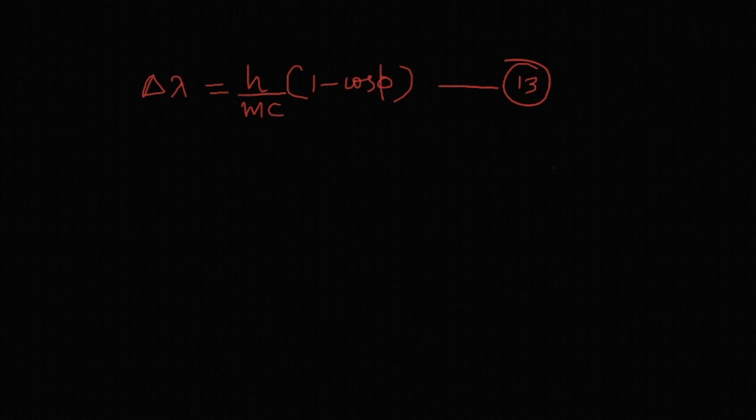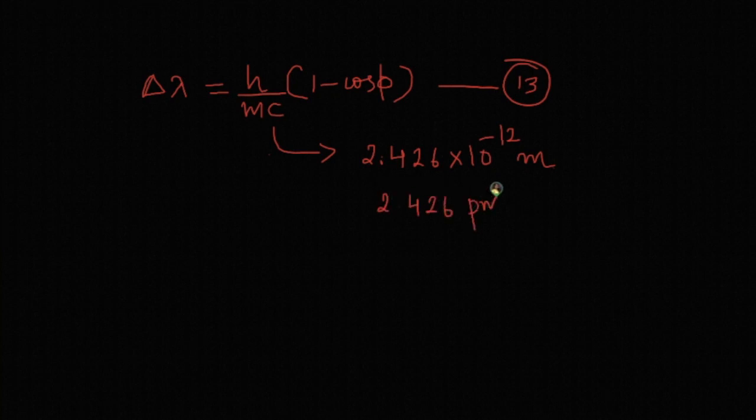And here let's take this h by mc. You know that h by mc is a constant because h is a constant, mass m is a constant, and c is another constant, the speed of light, which is 3 into 10 raised to 8. So all this we may combine and get a value for h by mc, which is approximately 2.426 into 10 raised to minus 12 meter, or 2.426 picometer.